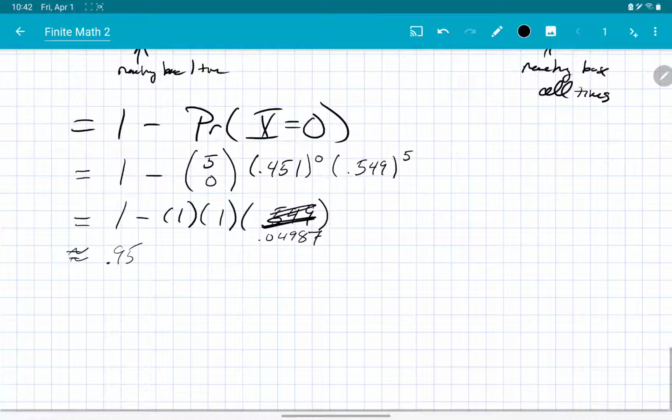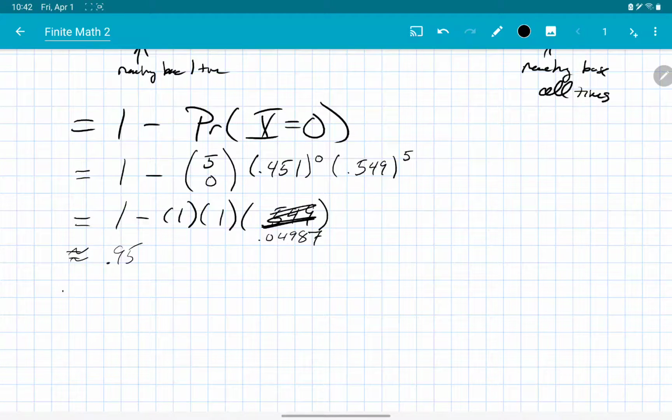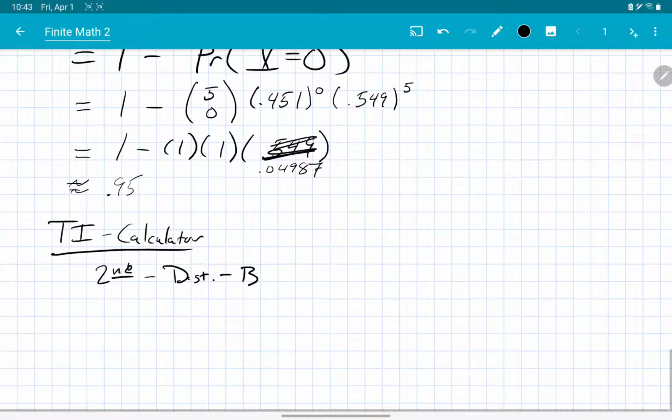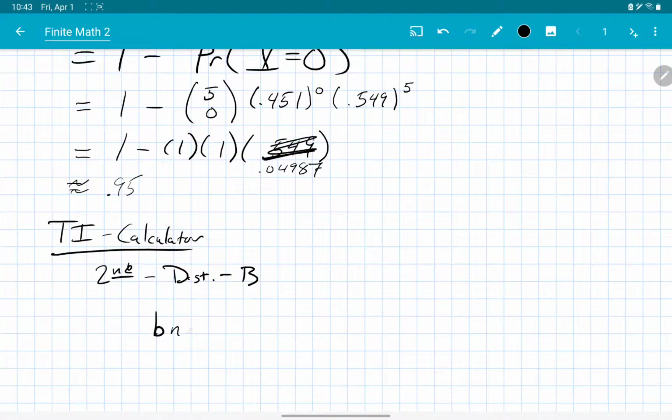Okay, let me give you a tip for using a TI calculator. This is in the textbook, and if you have one of those calculators and you want me to help you find out how to do this, I'd be happy to do that. Apparently, you press second, then distribution, and then maybe it's in menu B. The command is binompdf, the binomial probability distribution function.